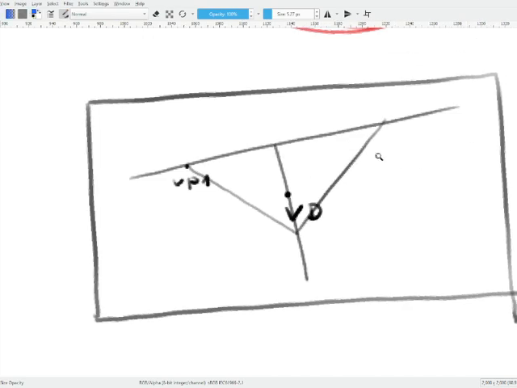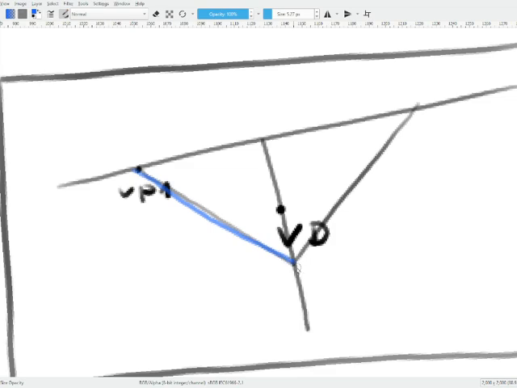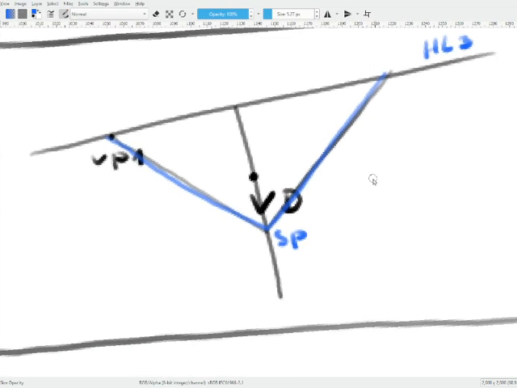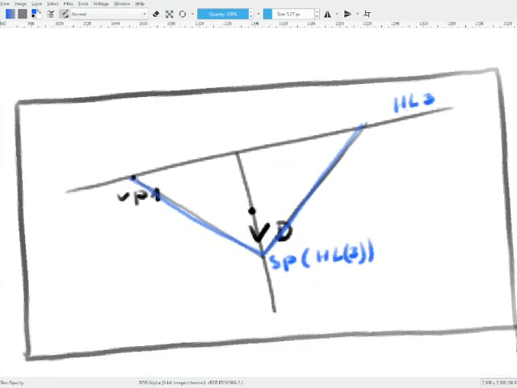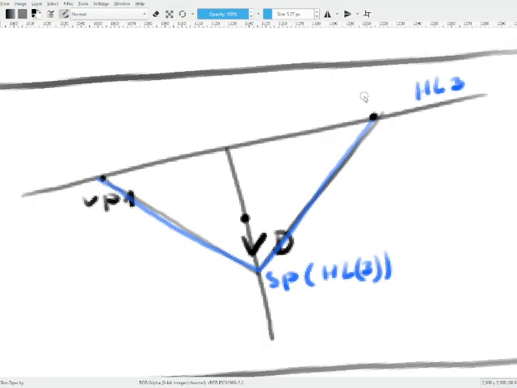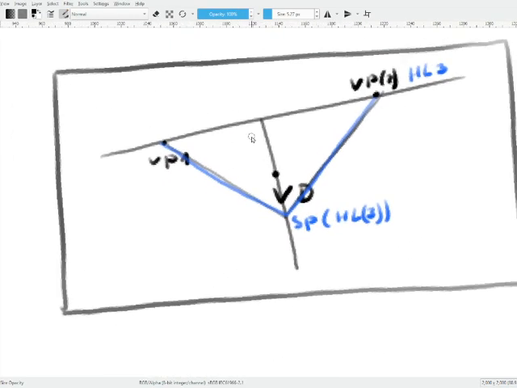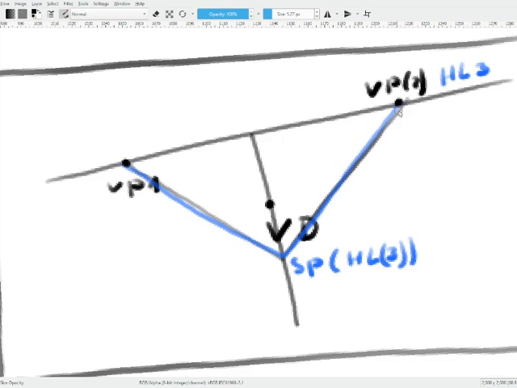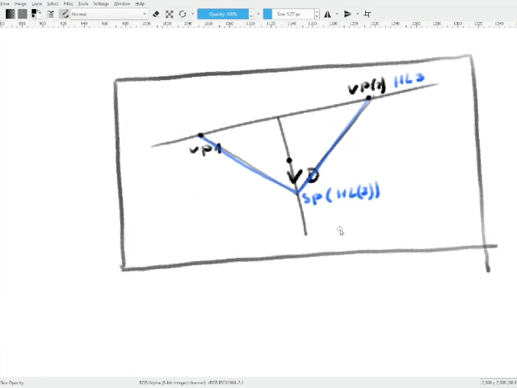Let's draw it with the blue line. This is the station point for horizon line, let's say horizon line 3, just to be pretty. So this will be vanishing point 2, which is orthogonal to vanishing point 1. And now we don't really have any degree of freedom.